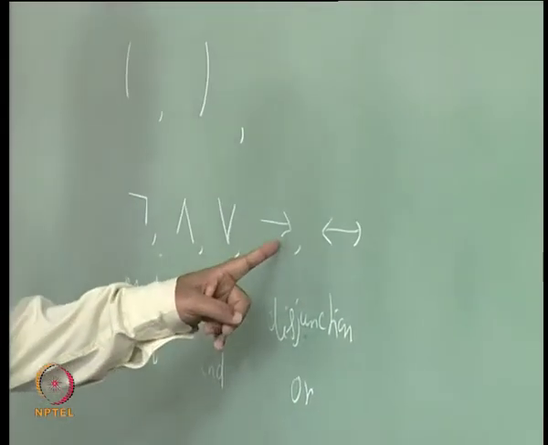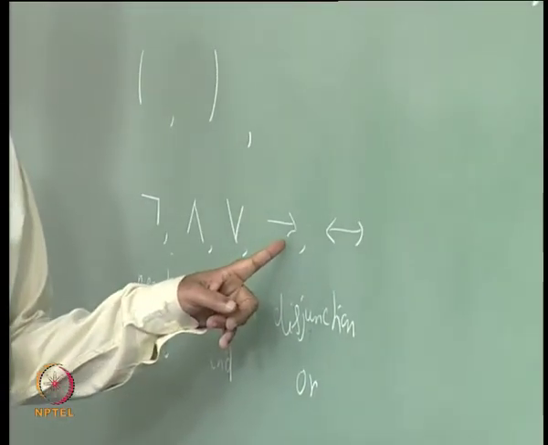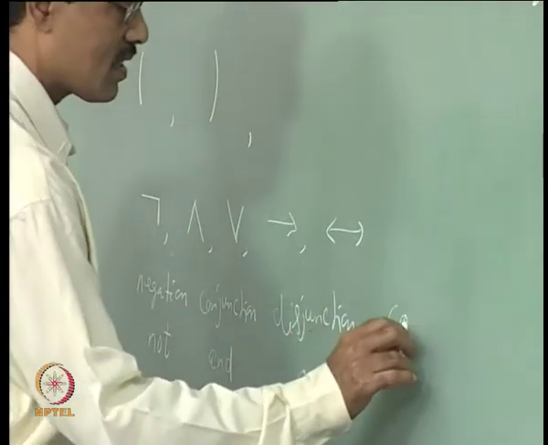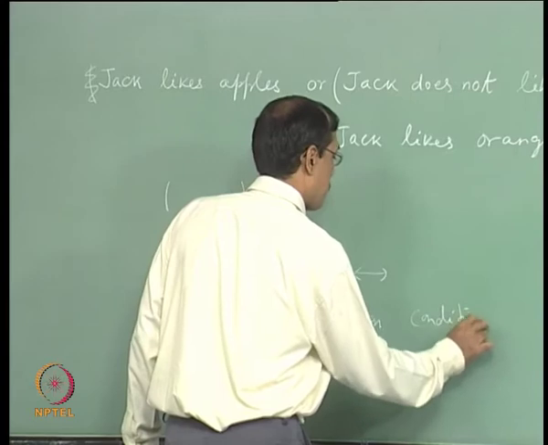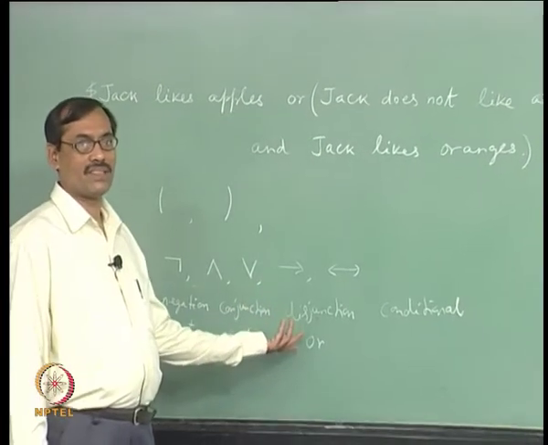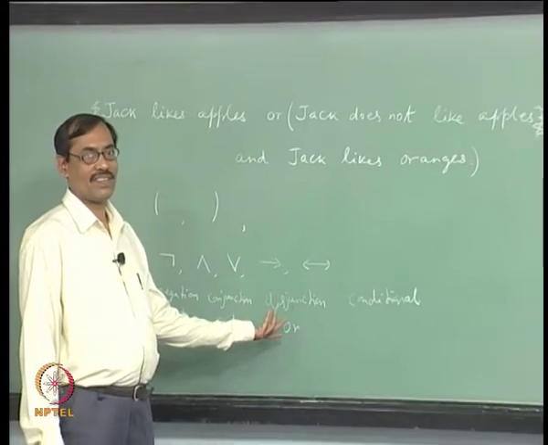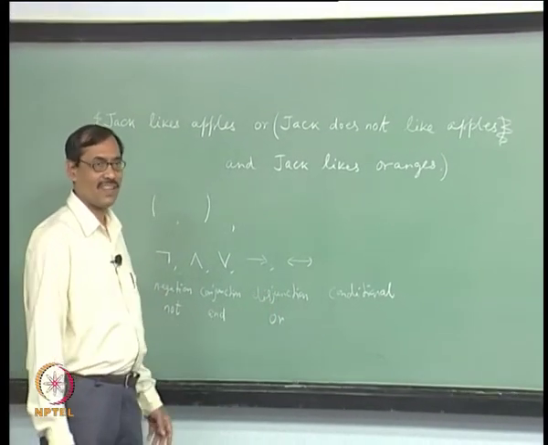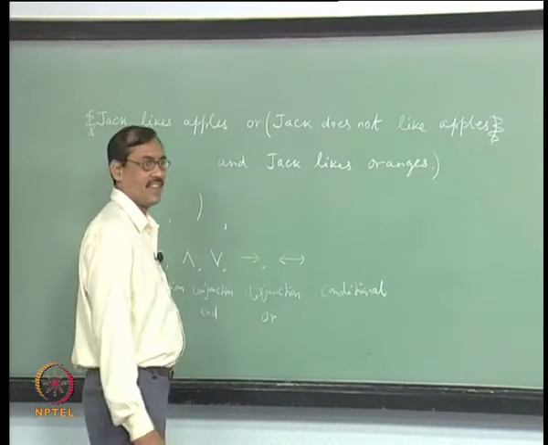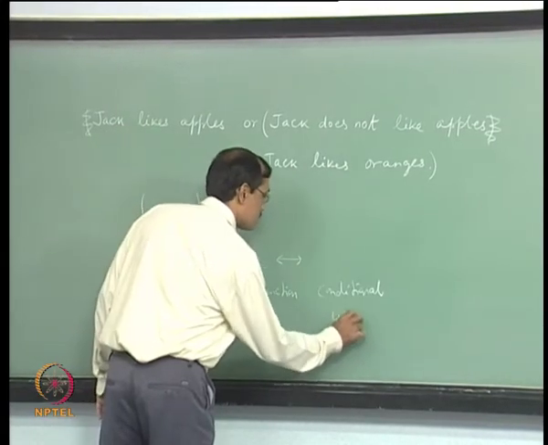Similarly, this right arrow, so we will give a name. Call it conditional. You can read it as implies, arrow, or if then, somewhere, but nothing is so precise there. Conditional is the best. Let us read as implies.